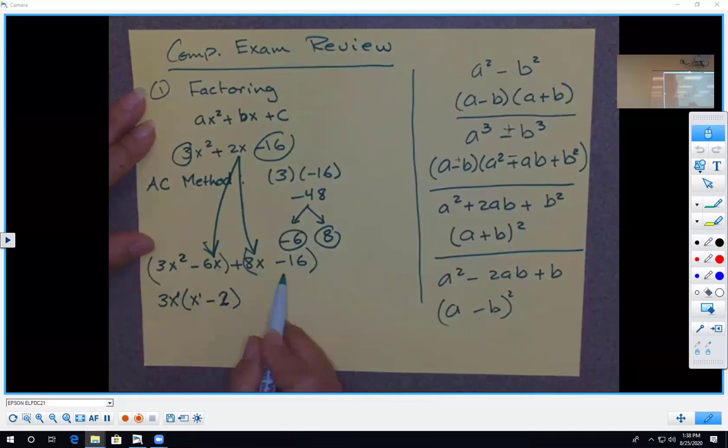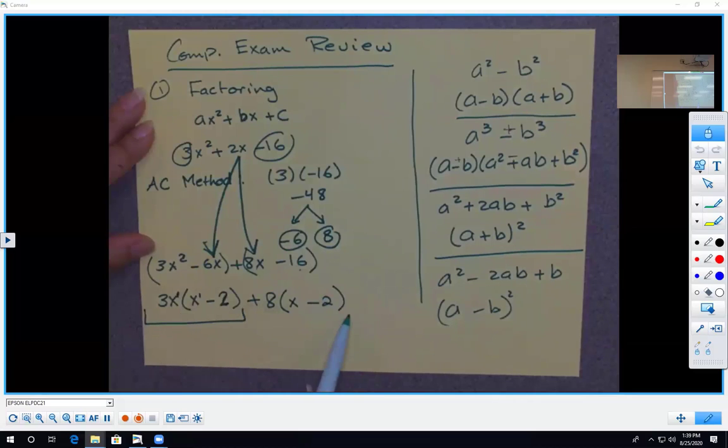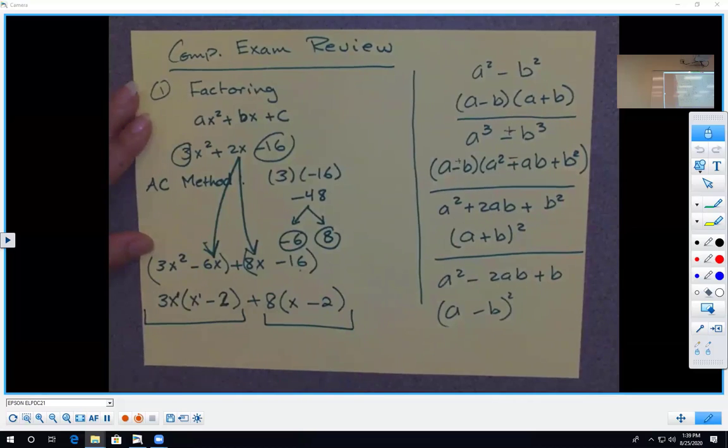Now let's look at the second parenthesis. I'm going to pick the 8, which is my greatest common factor between these two terms. So plus 8, open a parenthesis, that will leave me with just x here, and then the negative 16 will be negative 2. So we got a big term before the plus and a big term after the plus also.